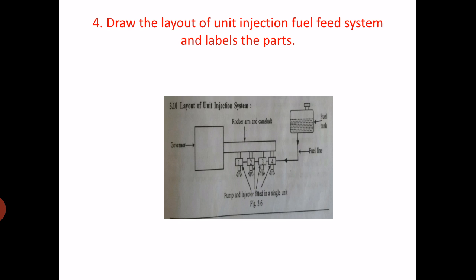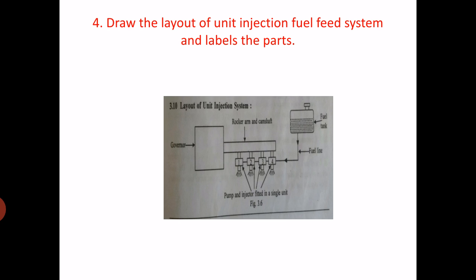So in a single unit we have the pump and injector, and these unit injectors are operated by the rocker arm and camshaft provided at the overhead. In the sketch shown here, 4 unit injectors are there, and these are operated by the camshaft.